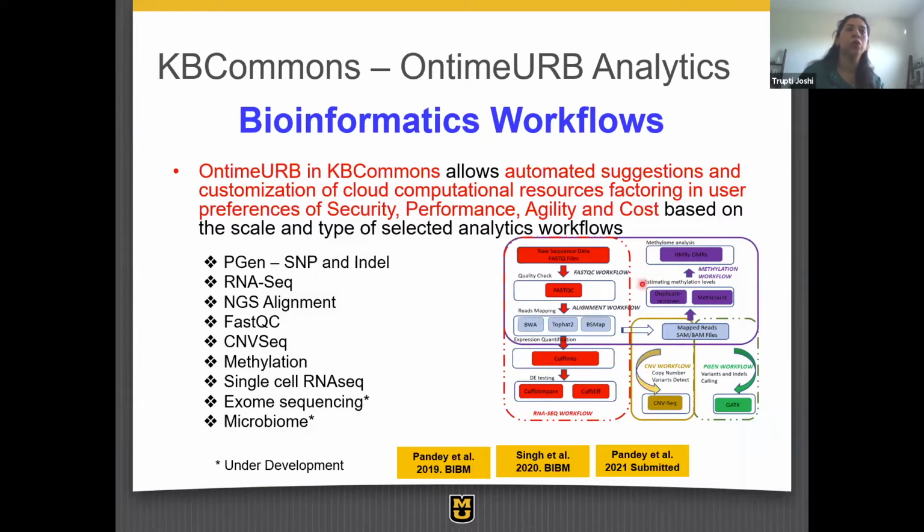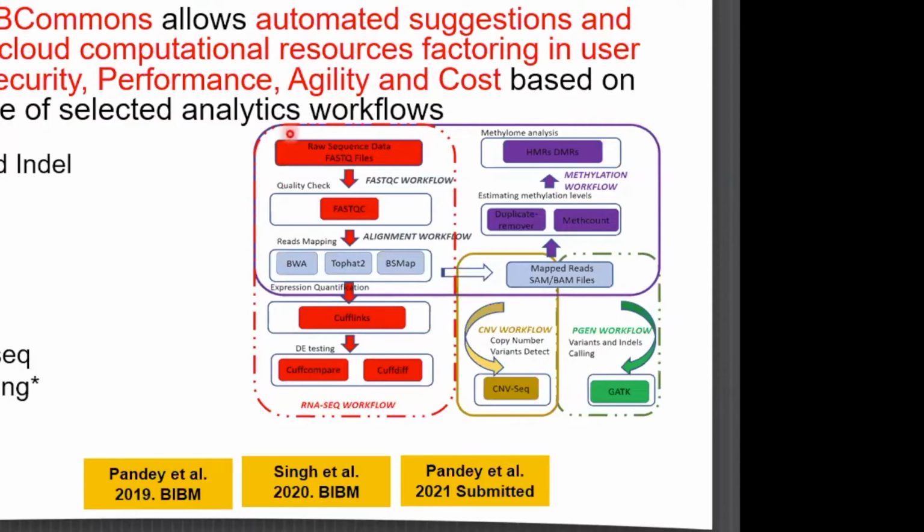In doing so, we were also able to tap a little bit more into engineering aspects, where we could bring in OnTimeURB, which we think of as an automated suggestion platform where you can customize your cloud resource needs. If you're bringing 10 files or 10 conditions for analysis versus 100 conditions, and whether you need your analysis results tomorrow versus maybe a week from now, this system will allow you to decide where to run these analyses, out of the several infrastructure pieces that we have.